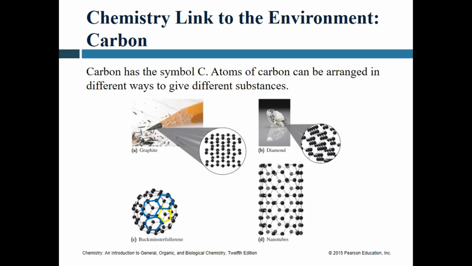Now, Buckminster fullerenes are kind of cool, but where they get most commonly applied is we can take this technology that is used here, and that becomes the basis for what we call nanotubes. Carbon nanotubes make up a whole wing of material science called nanotechnology.